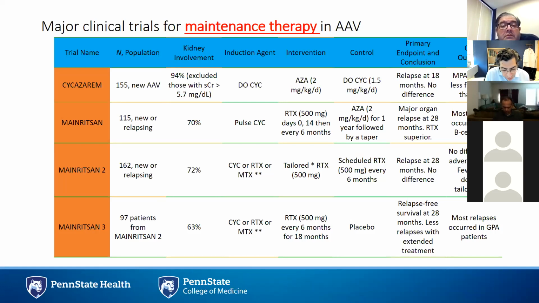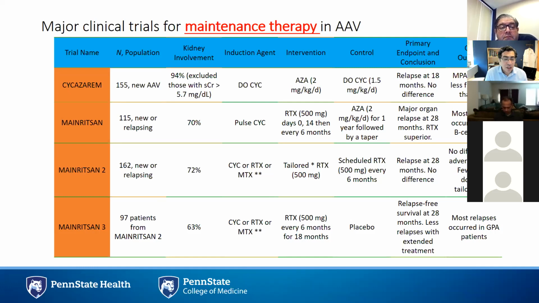So it was a 500 milligram dose if there was more than a 2-fold increase in the ANCA titers, or ANCA positivity from negativity, or peripheral B cell return. And rituximab was given until 18 months after randomization, and they looked at data at 28 months. And they said the tailored therapy still worked. There was no difference in the adverse outcomes, and there were fewer rituximab doses in the tailored arm.